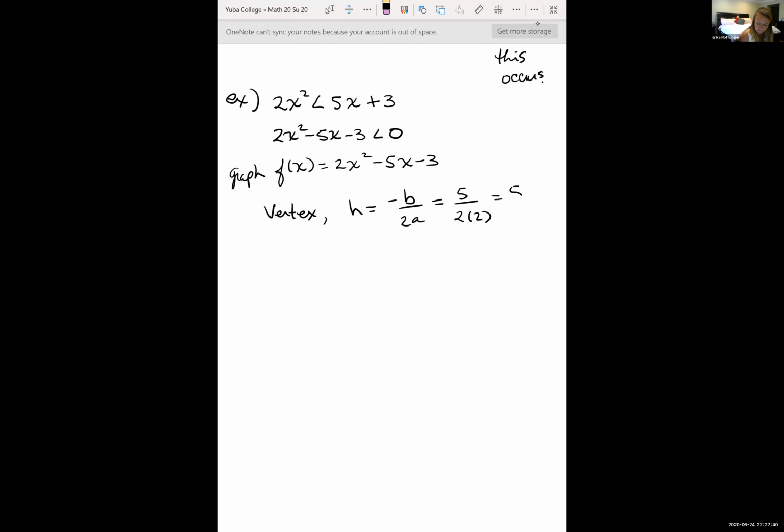This is 5/4. My k value is f of 5/4. So let's plug in, putting parentheses wherever we see an x in our equation: 2 parentheses squared, minus 5 parentheses, minus 3.